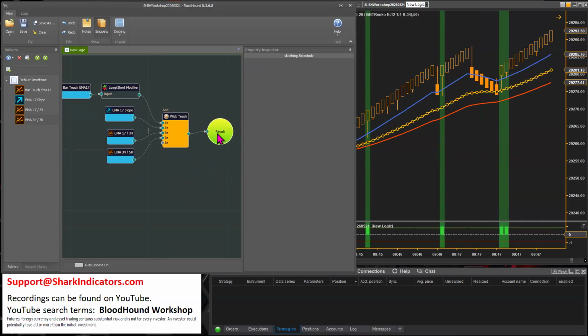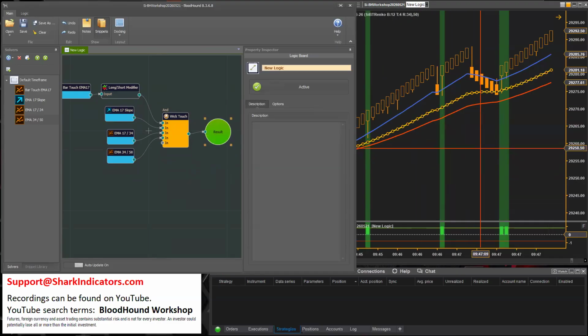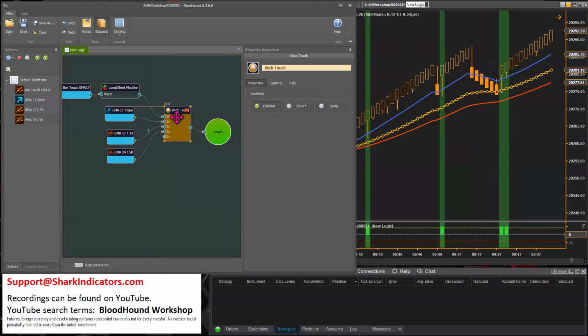So I guess the way you understand how price crossing the middle moving average here, how do we use that to kill a signal here? Well, basically it all comes down to the AND node here, right?